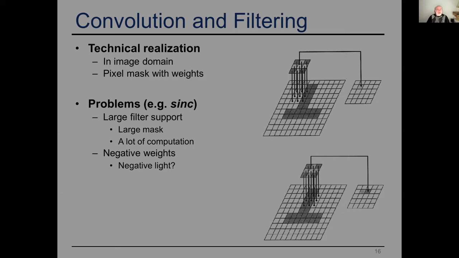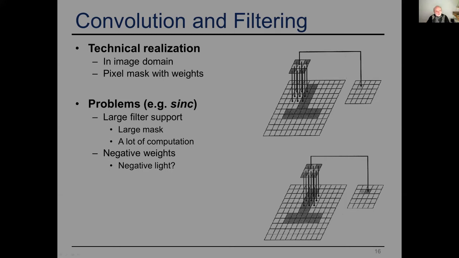The problem is that this finite box filter that we sometimes want to use, the Fourier transform of that, as we just saw again, is an infinitely supported sinc function. So it goes out to infinity. And so you have your product, you have to integrate over an infinite support. So that's not very nice. That causes lots of computations, and you have to approximate this. Also, the sinc function has negative weights, which obviously doesn't make a lot of sense, right?